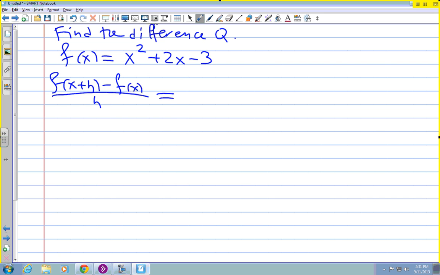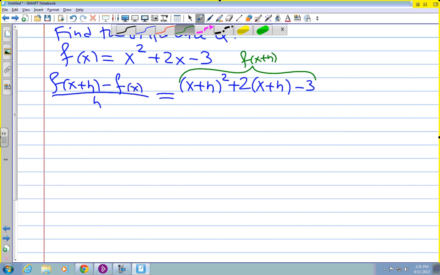So we're going to take x plus h and replace each x in our original expression. So we'll get (x plus h) squared plus 2 times (x plus h) minus 3. So this right here is f of x plus h. So all I did, I replaced each x with x plus h.